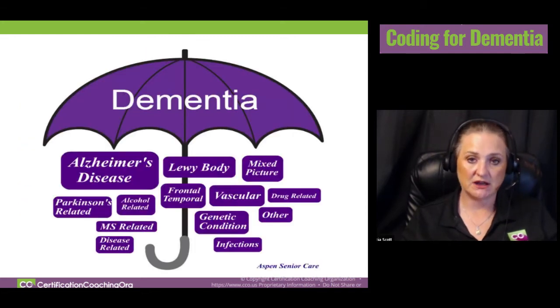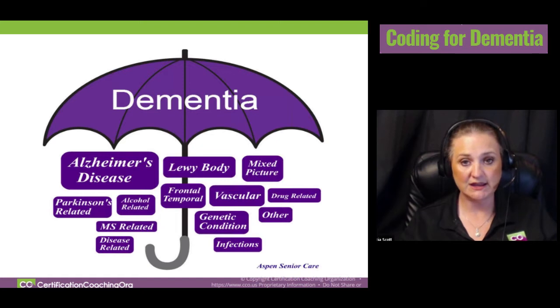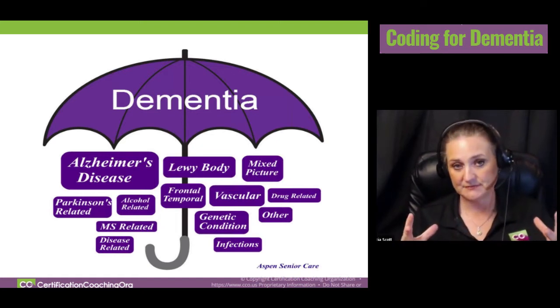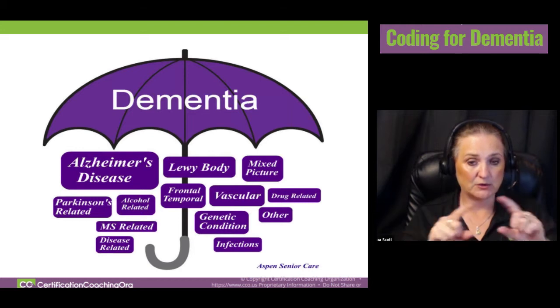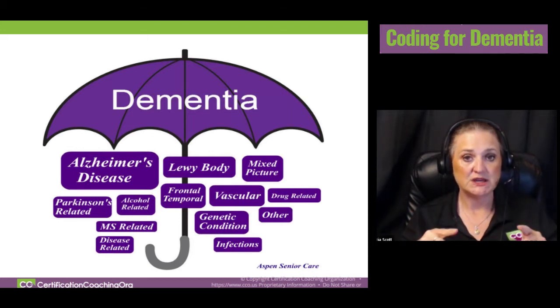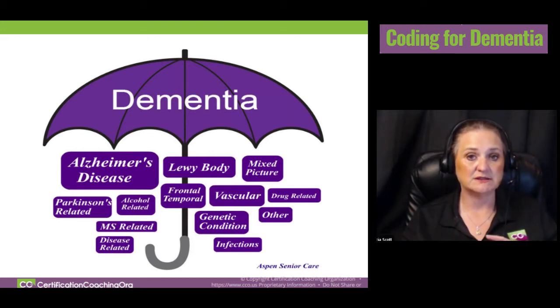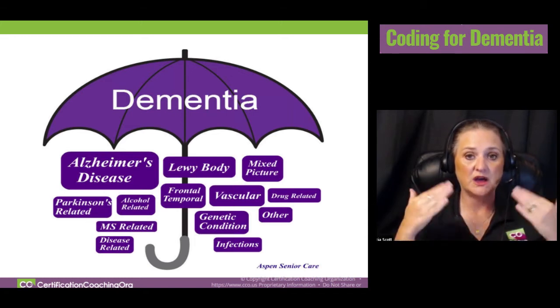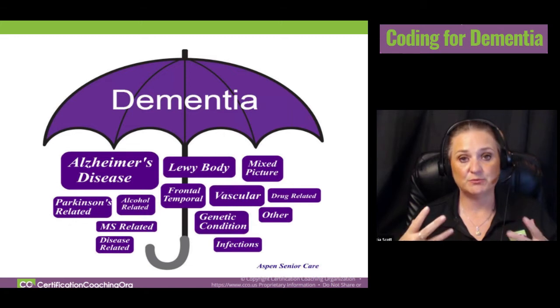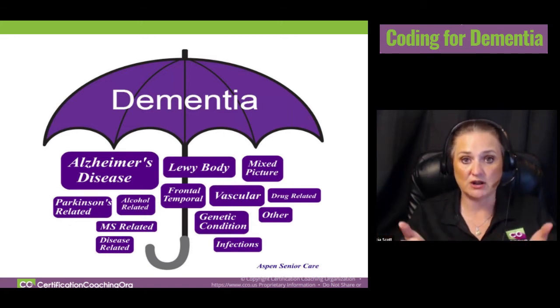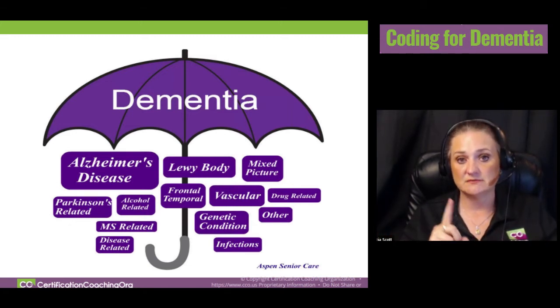Now, dementia, just like diabetes and COPD, is an umbrella. You may have seen a diabetes umbrella that we've done, or we've referred to COPD as an umbrella with other chronic obstructive pulmonary diseases that fall under it, like asthma and also emphysema.